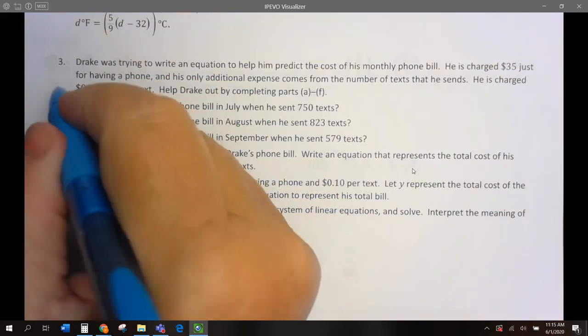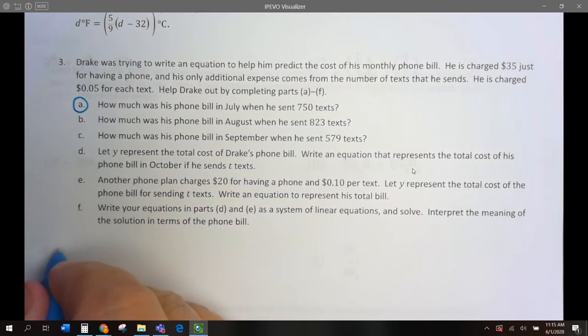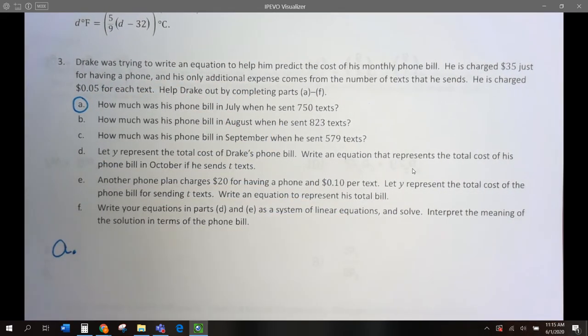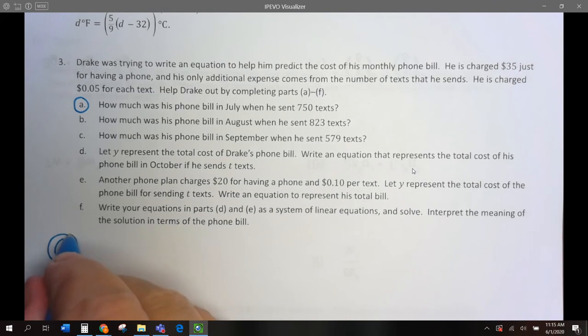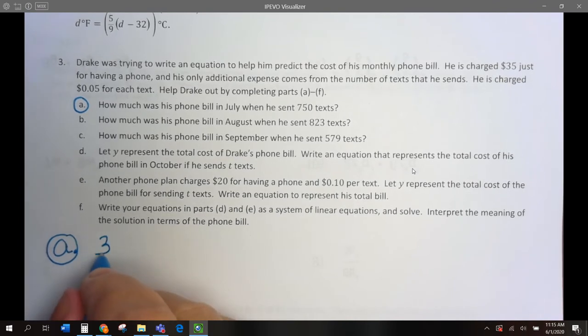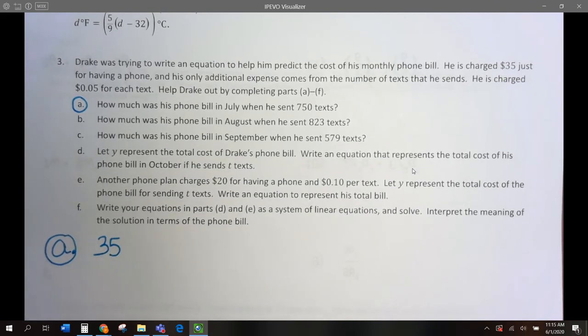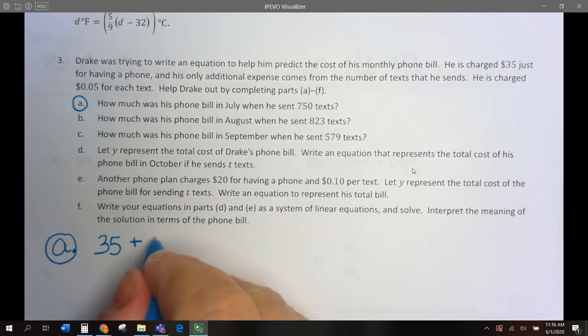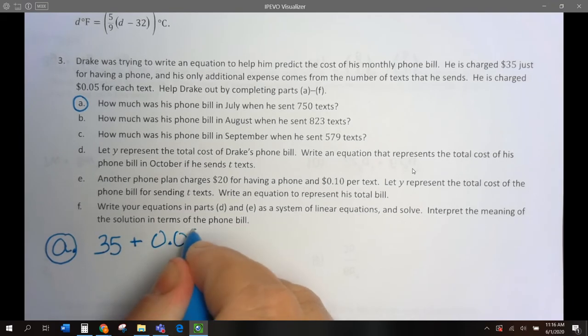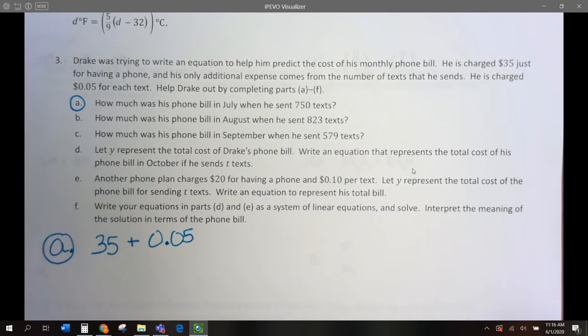So let's do part A first. How much would Drake's phone bill be in July if he sent 750 texts? Well, remember, he has to spend $35 just to have the phone. Even if he makes no texts at all, he has to pay $35, right? Then he has to spend an additional 5 cents for every text he wrote.